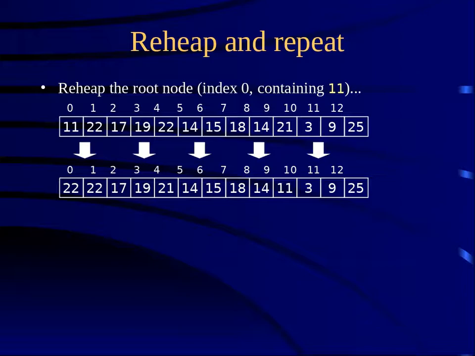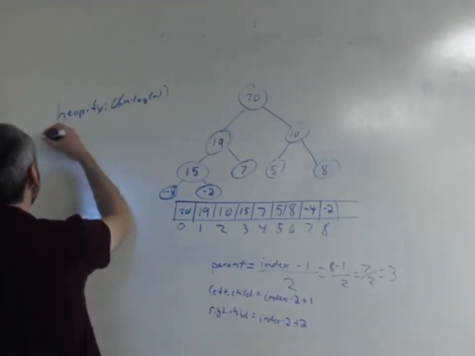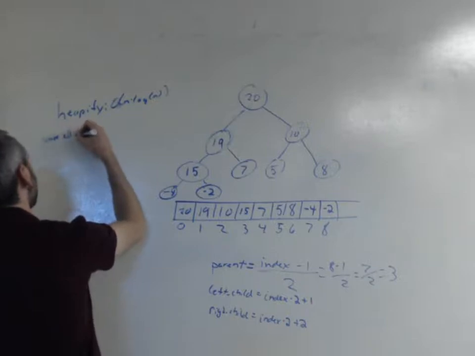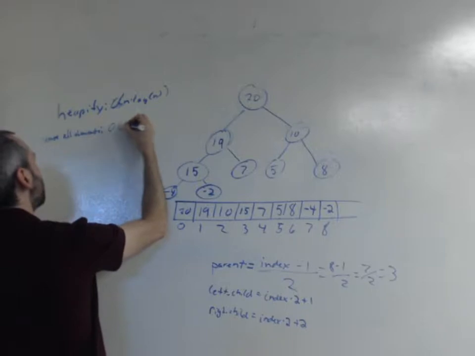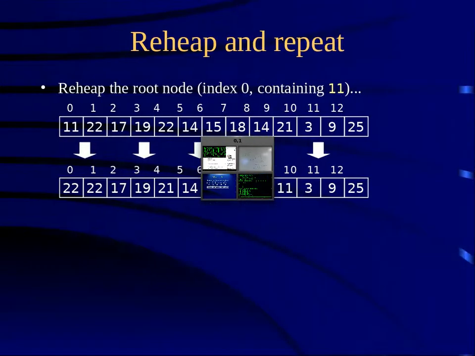So remove all elements is O of n times log of n. It basically just puts it in reverse order.